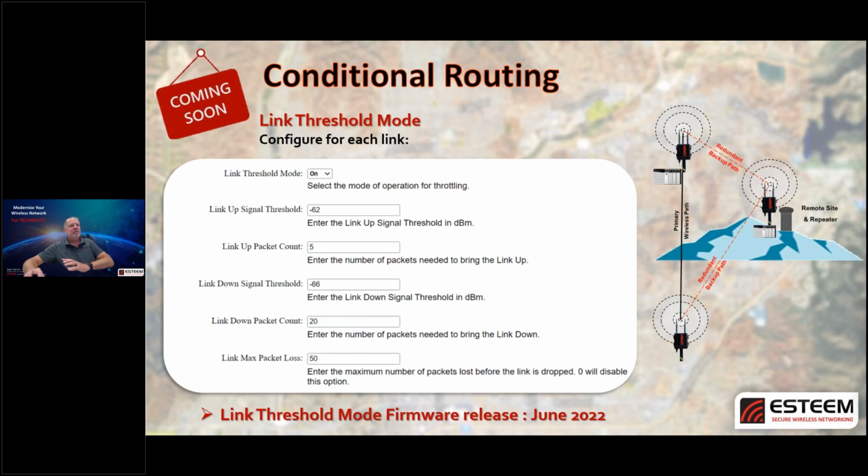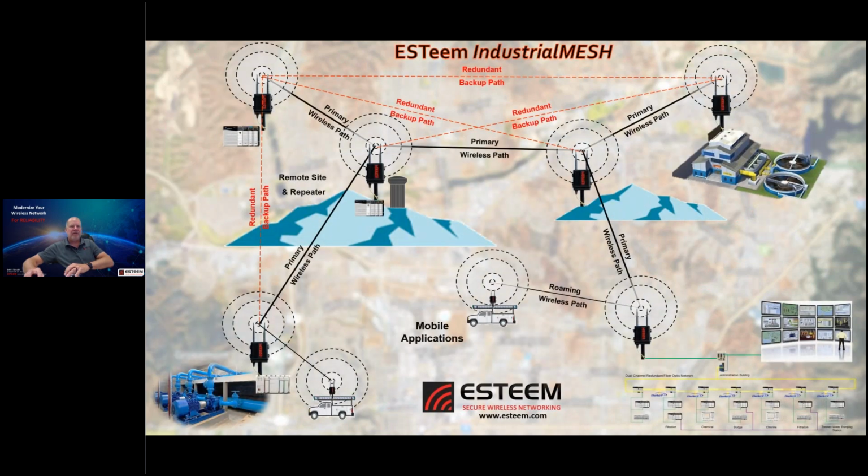Okay, so this is kind of the how-to, right? So when we start looking at this, what is it actually doing? How does this work when it's actually in motion? Here's how we have this thing configured. In real world conditions, we've got our primary pathway here.